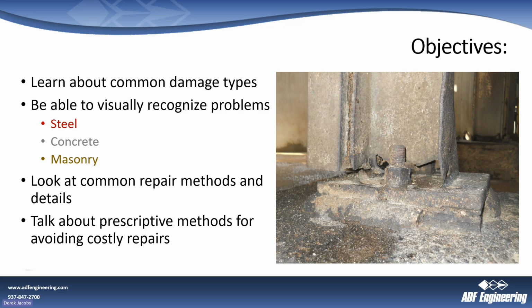Hopefully by the end of this, you might be a little bit equipped yourselves, when you're at these sites every day, to recognize some problems, and to know when you want to call in some help from an engineer to address these issues before they get out of hand.